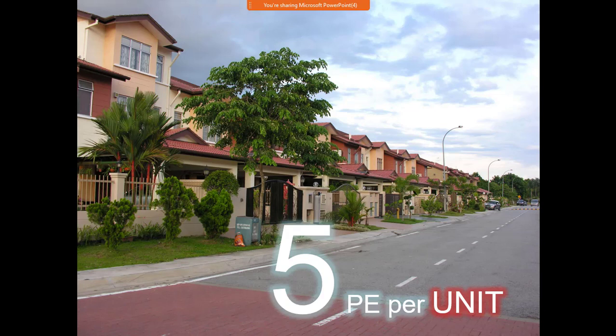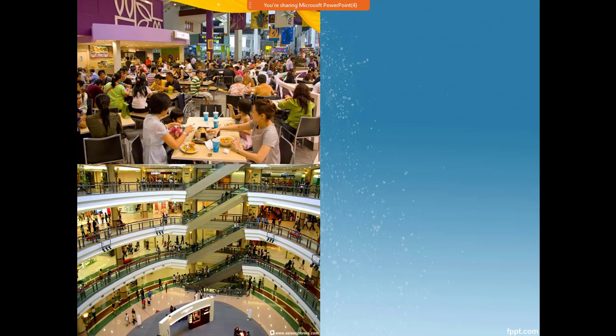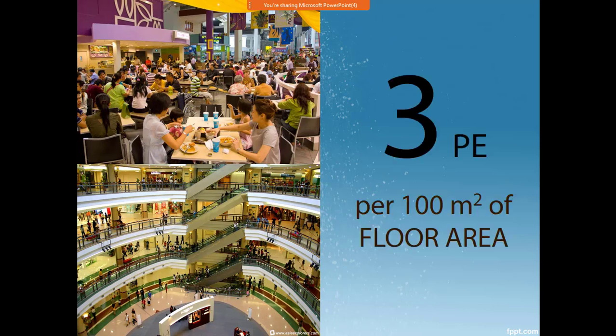All right. So each house is counted as 5 PE. For commercial areas or shopping malls, it is counted per 100 square meters of floor area. If the shopping mall is one floor with 1000 square meters, then for each 100 square meters it is 3, so for 1000 it is 30.